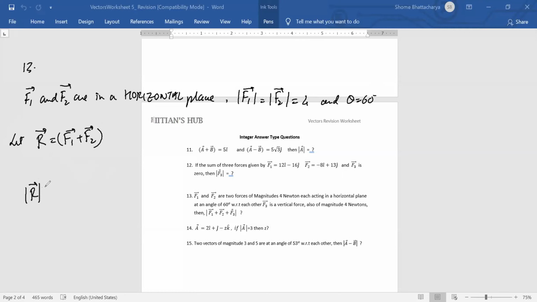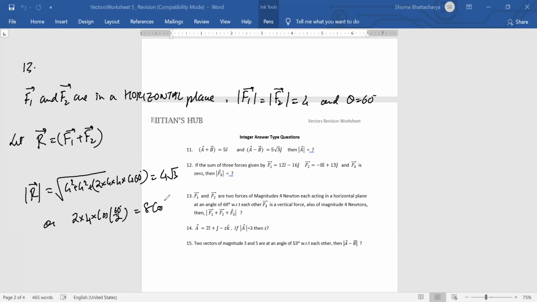Okay. So suppose the resultant of F1 and F2 I'm writing as a vector R. So what will R be? R will have a magnitude of, from this you'll see it is 4 root 3, or you can use that theorem that it is 2 into A into cos theta by 2, that rhombus theorem. So it's 8 cos 30, so that's also the same 4 root 3.